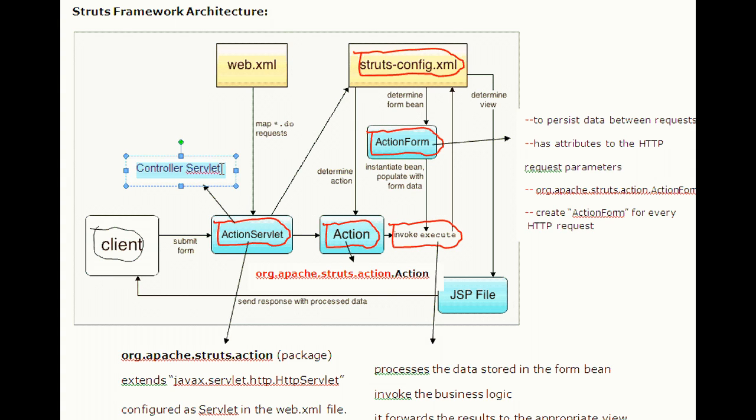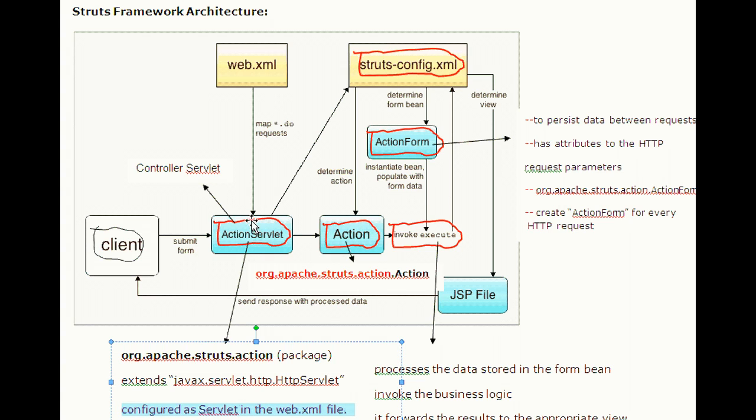There is only one controller servlet for the entire web application. The action servlet class resides in the org.apache.struts.action package, which extends the HttpServlet class, and it is configured in the web.xml file as a normal servlet.